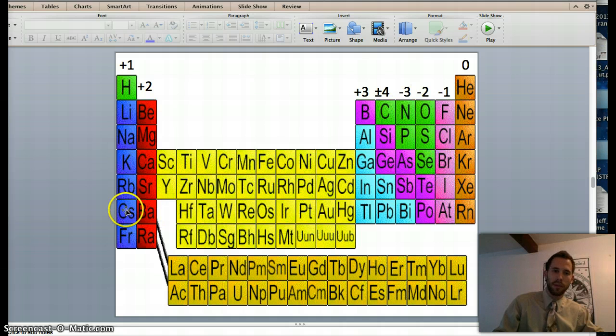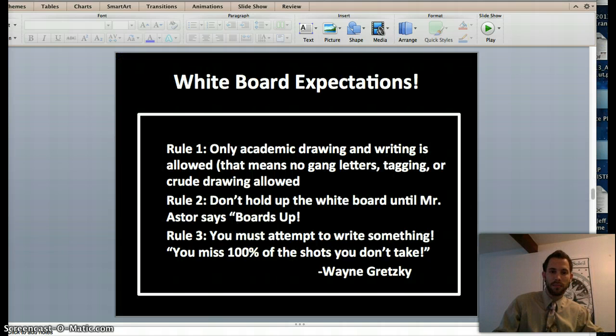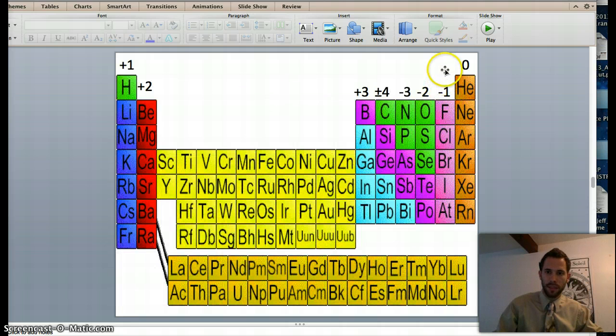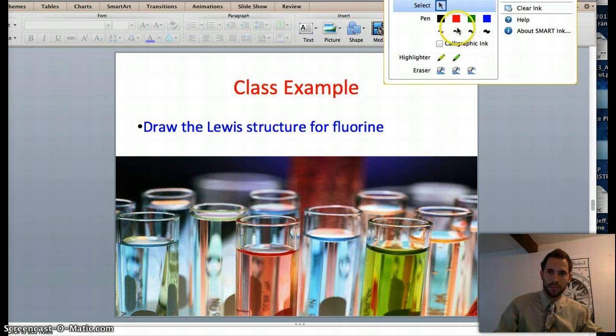Here we have our periodic table, which should help us with everything we need. So let's draw the Lewis dot structure for fluorine. Fluorine is very simple. We look at our periodic table. Fluorine is in group 17, so it's going to have 7 valence electrons.